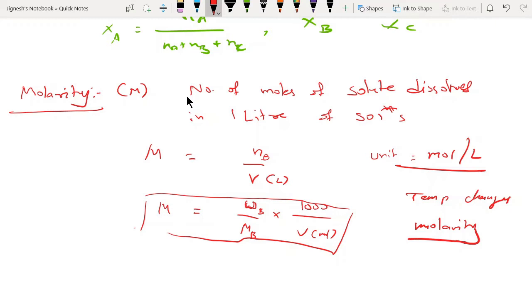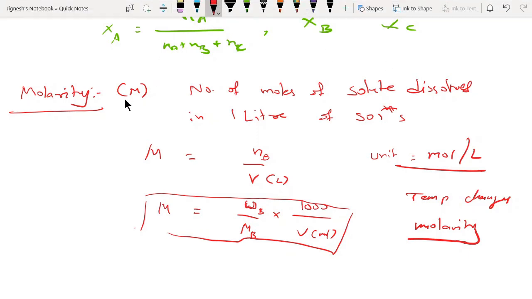Because when temperature varies, if you keep it like that, as I remember at that time the temperature was around 35 degrees Celsius, and in the morning when I am going to use it, at that time 28 degrees Celsius. So what happened? It's a liter volume, and volume changes with temperature. As temperature is directly proportional to volume, that's why this can happen. So we have to make sure molarity is temperature dependent.